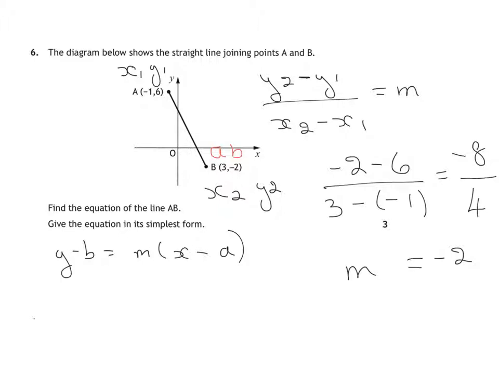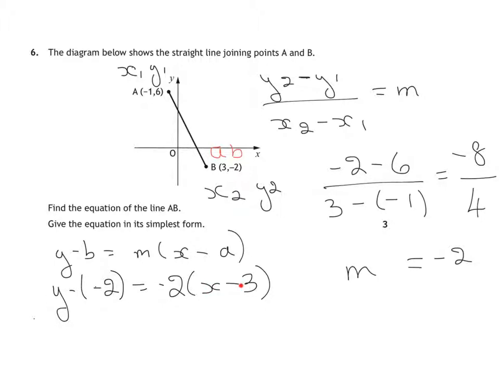I am going to use B. So my a is going to be 3 and my b is going to be negative 2. So I'm going to substitute that in there along with my gradient that I've already found.